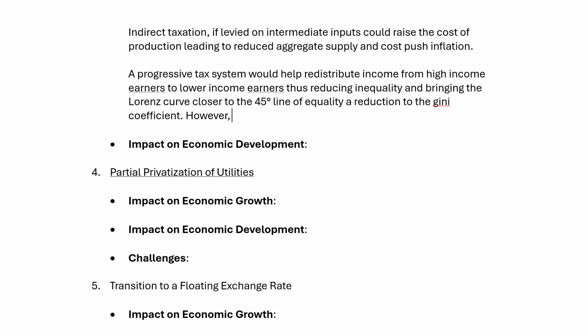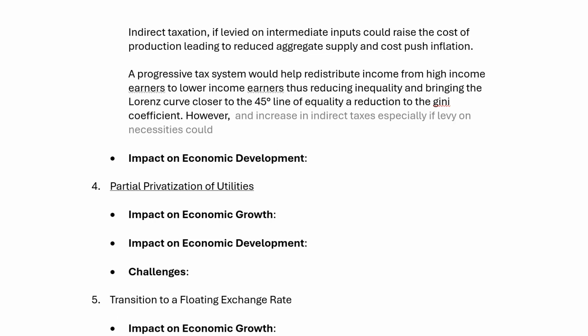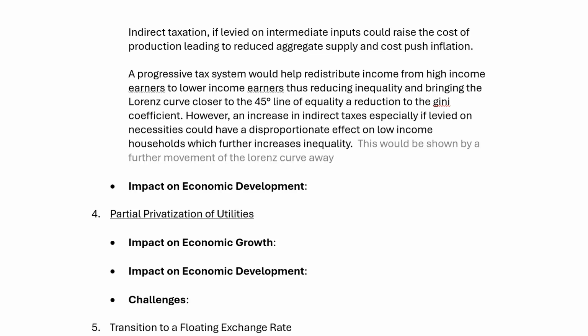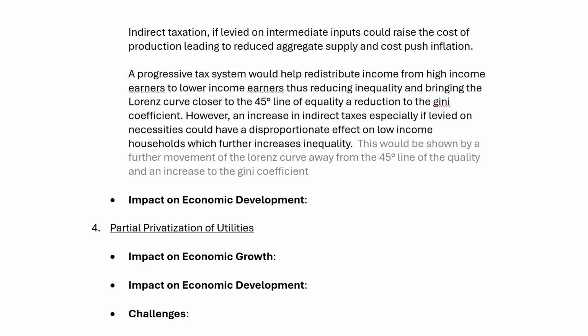However, an increase in indirect taxes, especially if levied on necessities, could have a disproportionate effect on low-income households, which further increases inequality. This would be shown by a further movement of the Lorenz curve away from the 45-degree line of equality and an increase to the Gini coefficient.